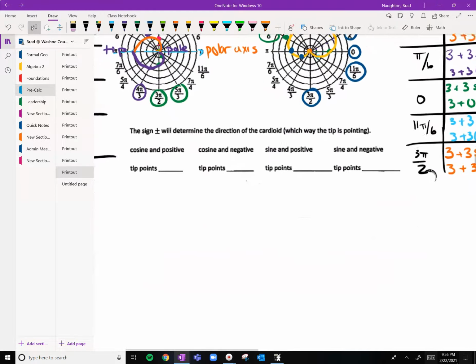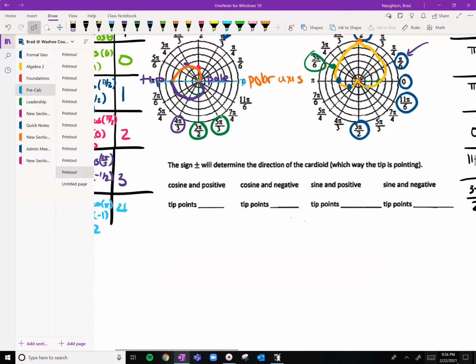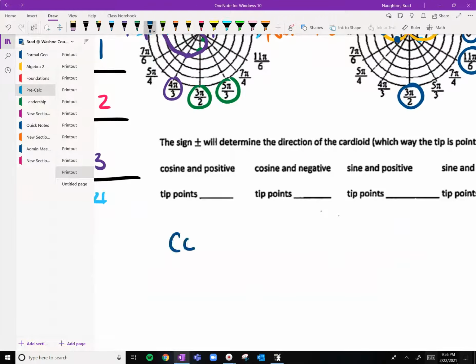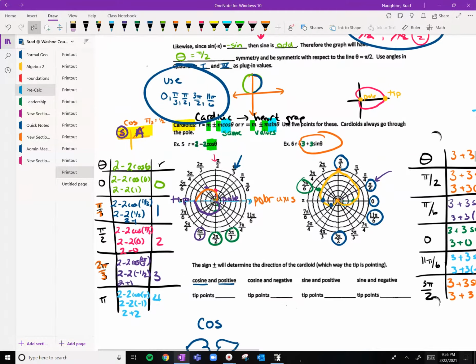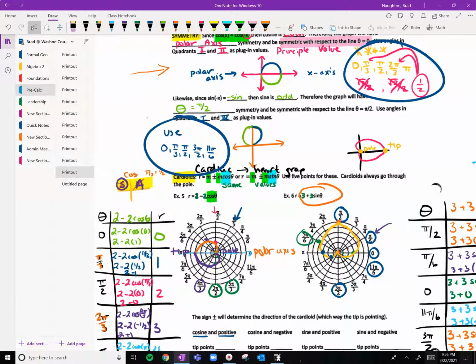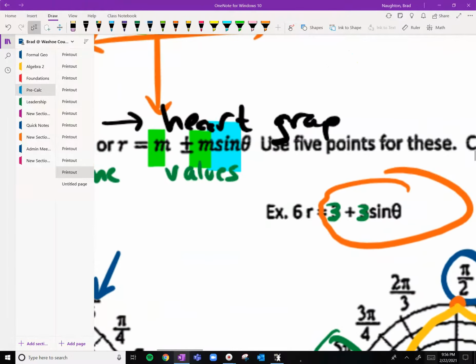So let's try to make this easier and notice some trends, okay? So first off, if it's cosine, it's either going to be this way for circles, or your hearts are going to go the other way, or cardioids. So the idea is that if it's cosine and a positive sign in between. So remember, if we look at our equation here, it's plus or minus.